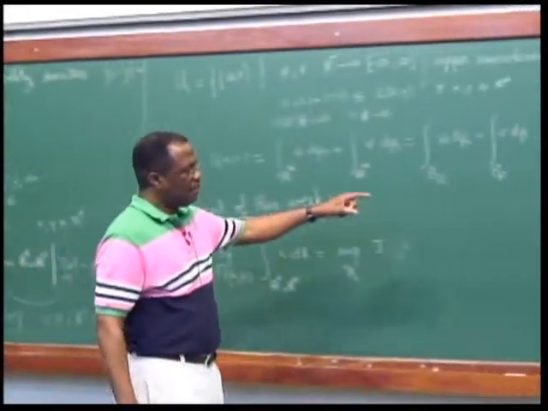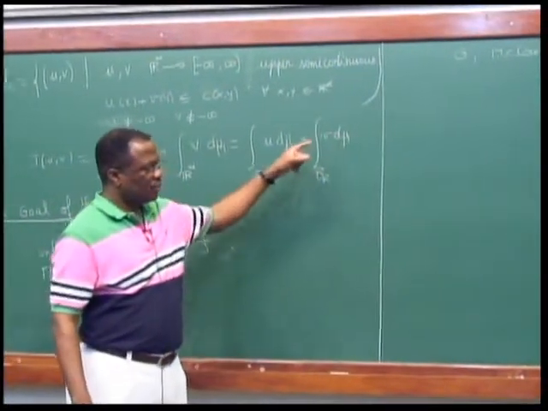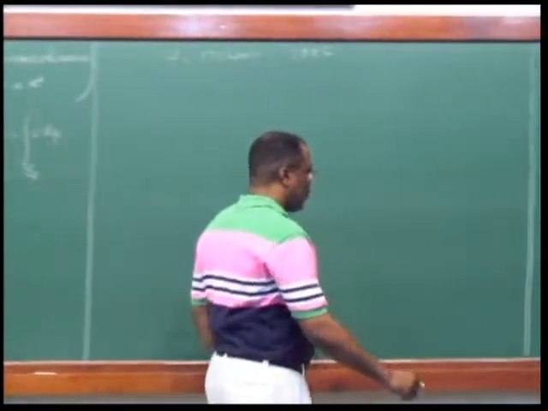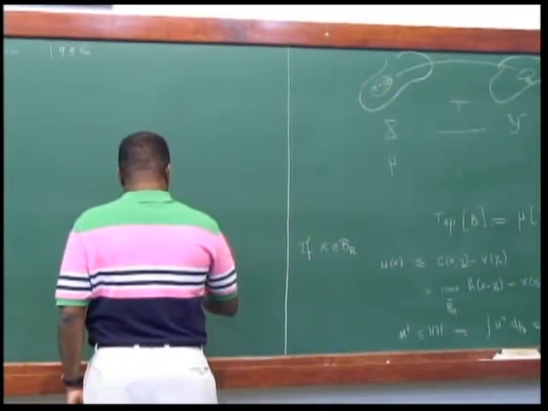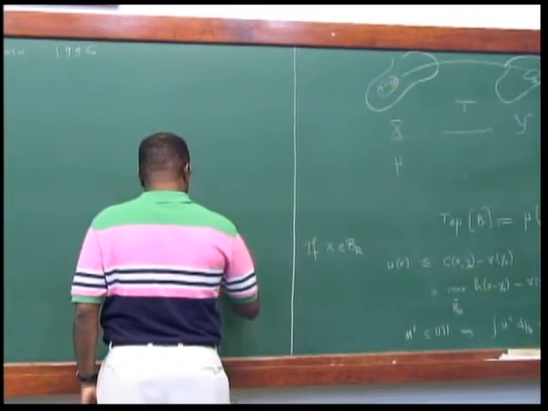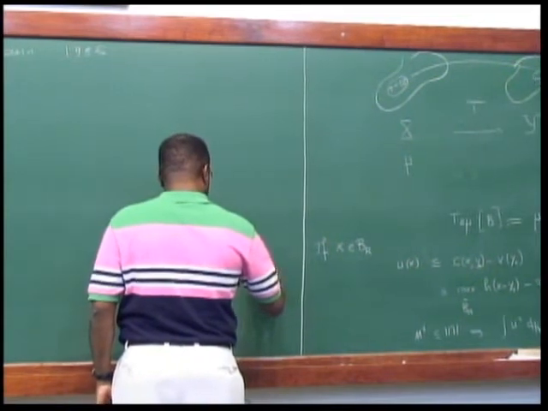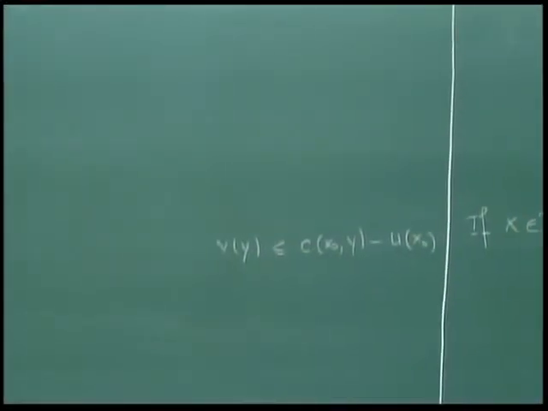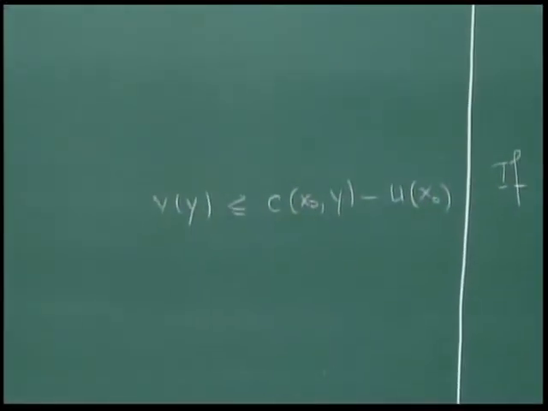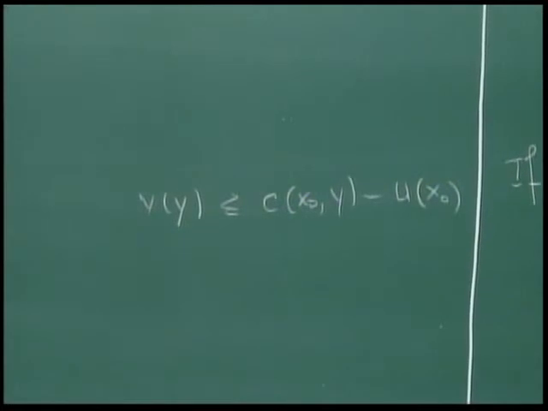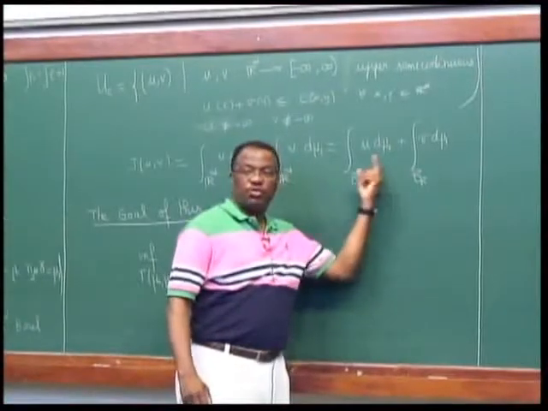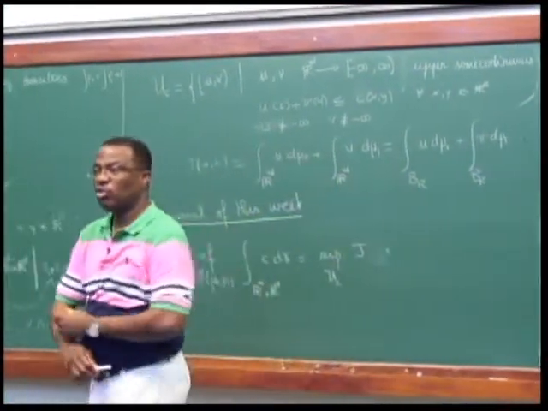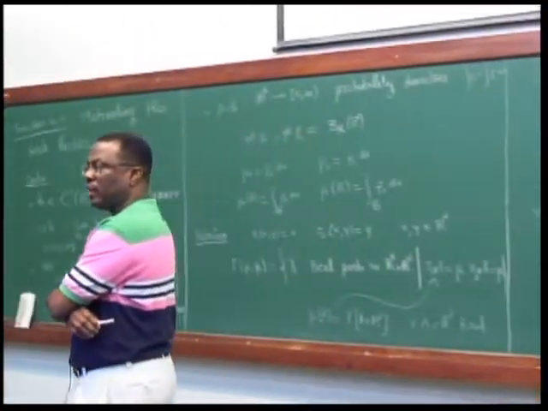You can apply the same argument to v, where now I am going to write that v of y is less than c of x naught, y minus u of x naught. Okay. Now, assume this integral is minus infinity, and that integral is minus infinity. The sum still makes sense. And so J is always well defined.